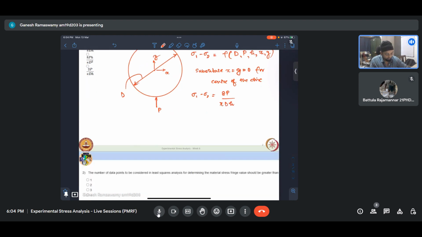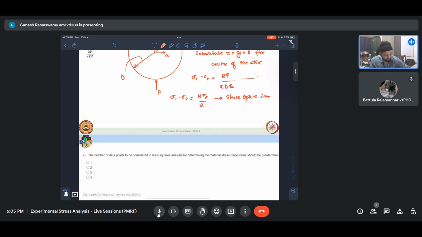Now I'll go one step further. We know that sigma 1 minus sigma 2 is N F sigma by h from the stress optic law.